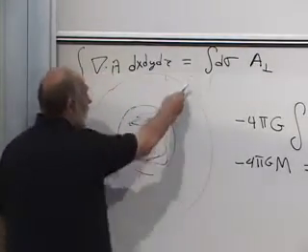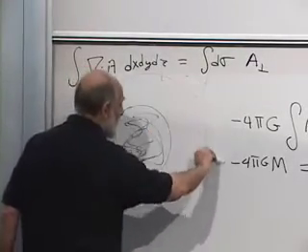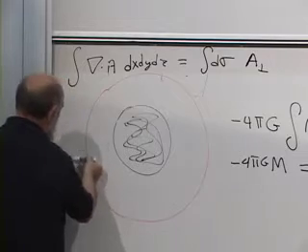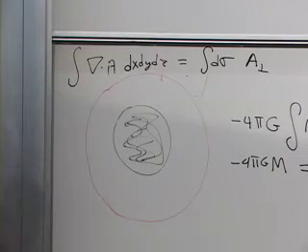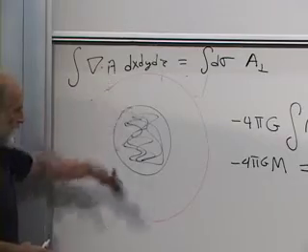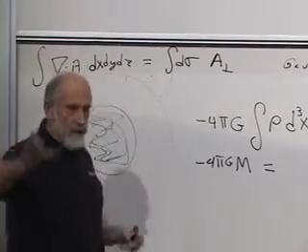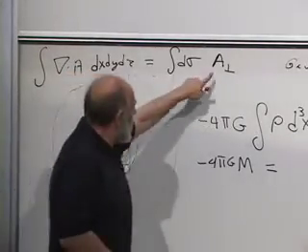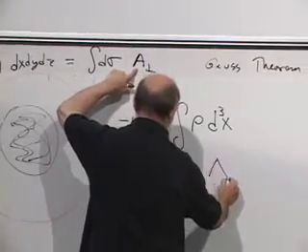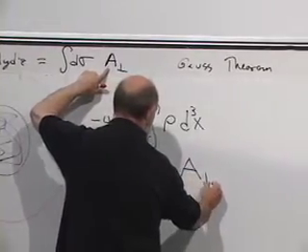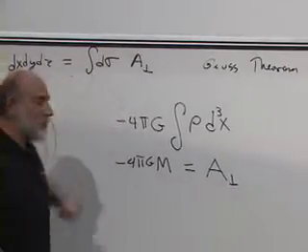In other words, the perpendicular component of the field will be the same everywhere, pointing out with the same component everywhere on this sphere. So the perpendicular component of A doesn't vary from point to point on the sphere, and that means this integral is just the perpendicular component, whatever it happens to be, times the integral of d sigma.